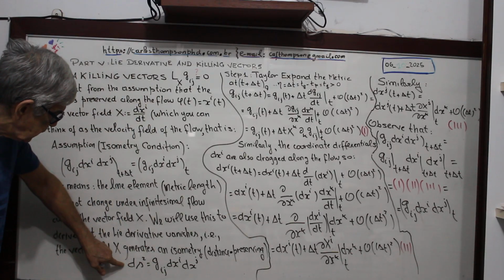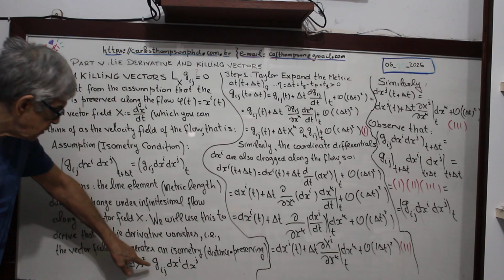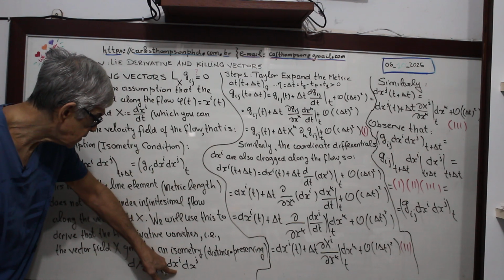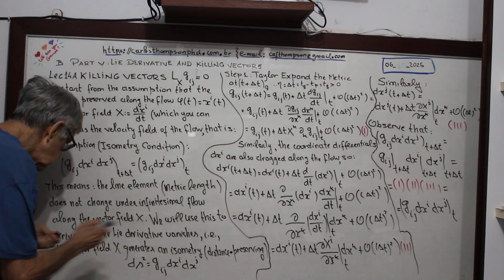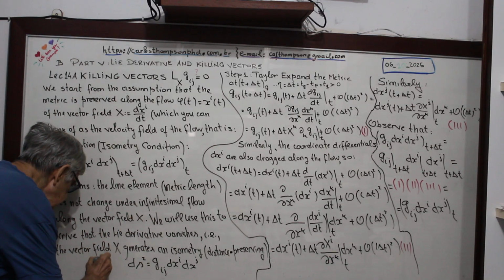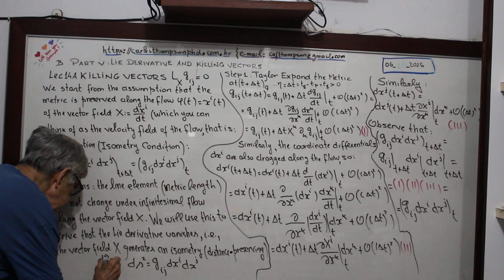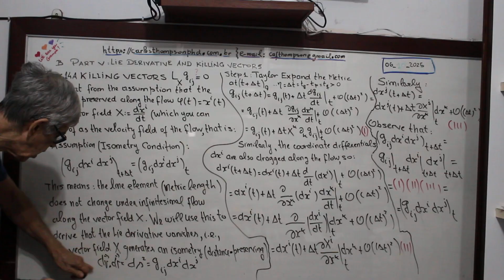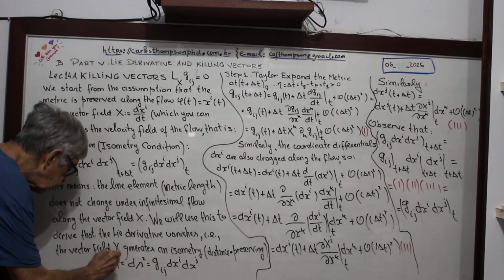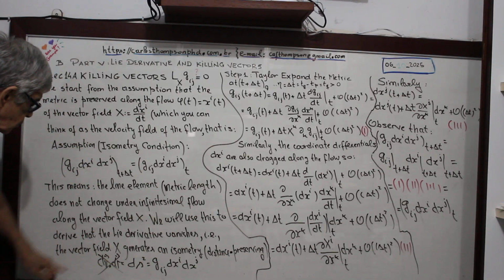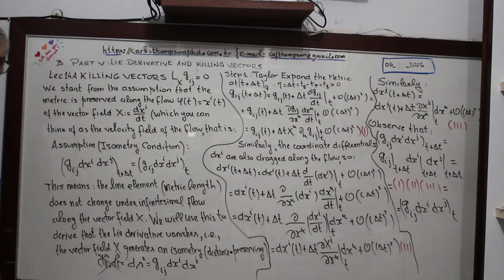Do you remember ds squared is g_ij dx^i dx^j? This comes from classical mechanics, dr dot dr. But in the manifold, you forget this. You just work with g_ij, the metric.